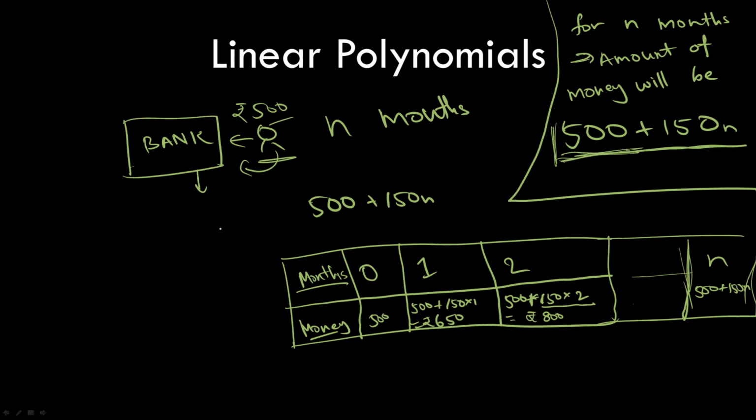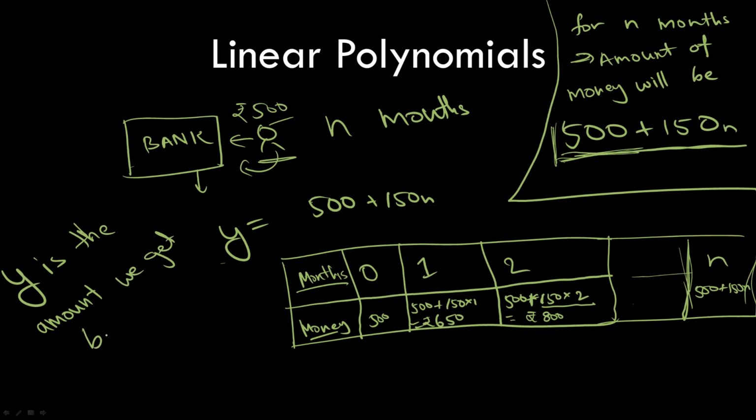So let us imagine that y is the amount we get back. So we can write y is equal to 500 plus 150n.